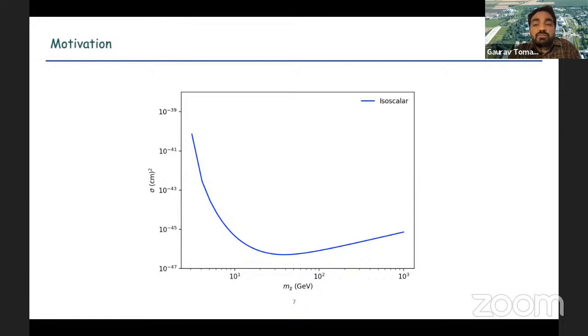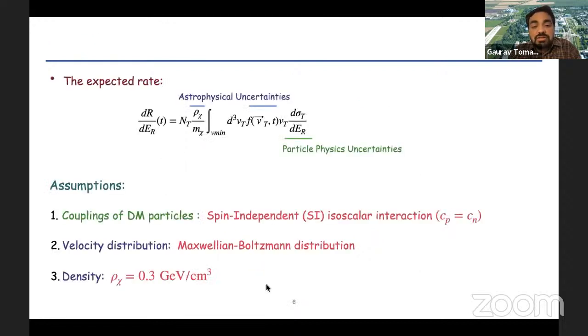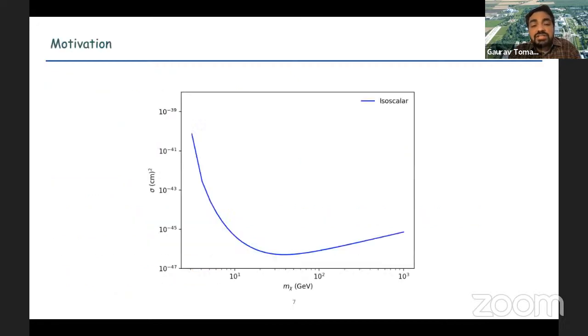But this is when you are assuming dark matter coupling to proton and neutron are both equal, and second, that there is no interference between this spin independent interaction and any other possible interaction. So this assumption gives us this exclusion plot.